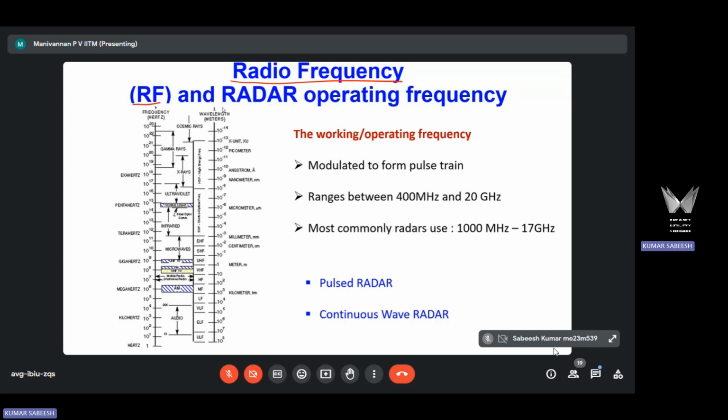But light is generated by the sun and stars. So light is also an electromagnetic wave. Again, we generate X-rays for detecting anomalies in the human body, and X-rays are used for detecting anomalies in objects also.